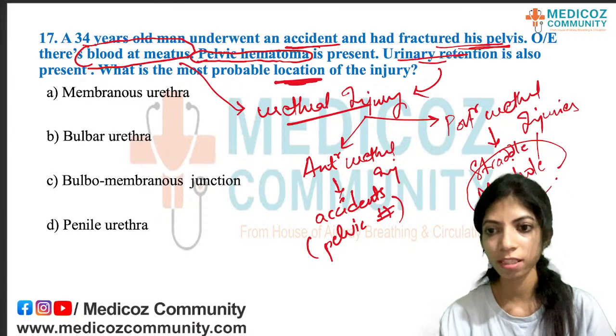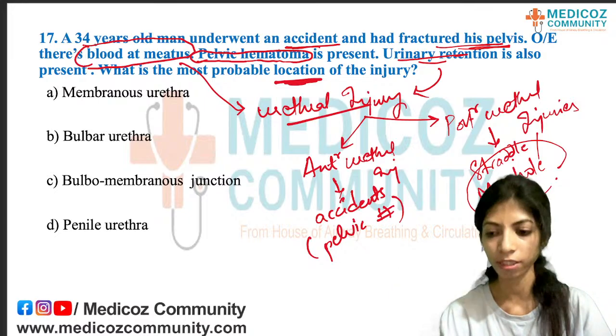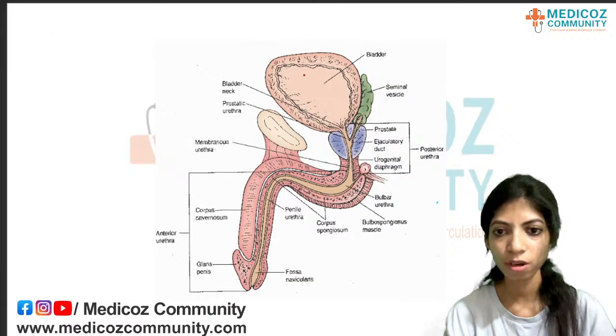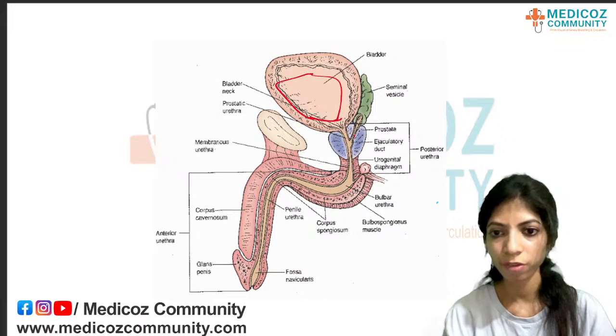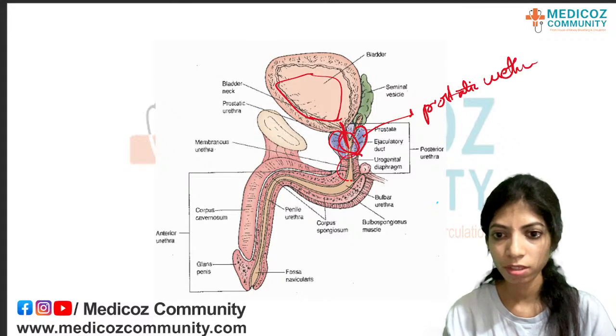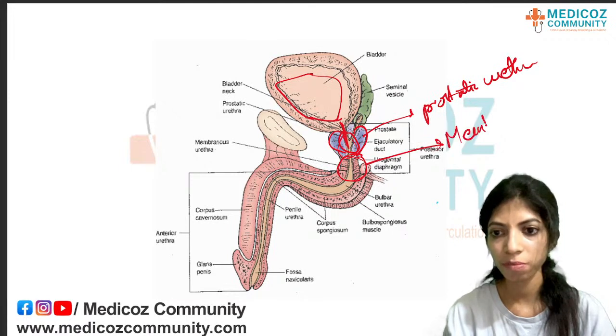So first of all, let us see the parts of the urethra so that you get clarity on where it is getting injured. This is your bladder from which your urethra is arising, and there is your prostate here. So this is your prostatic urethra, which is continuing as the membranous part of the urethra.